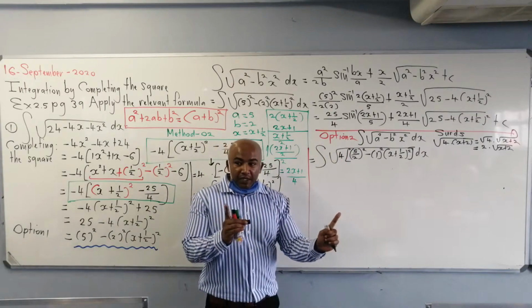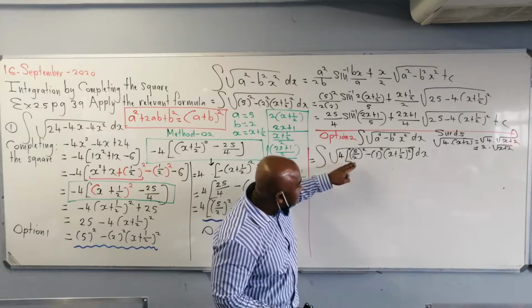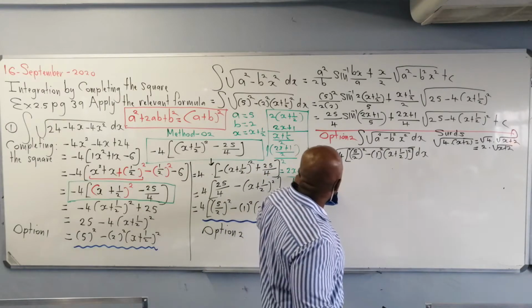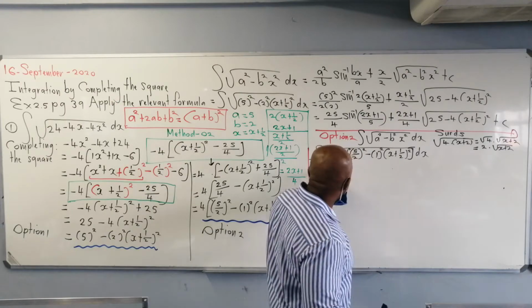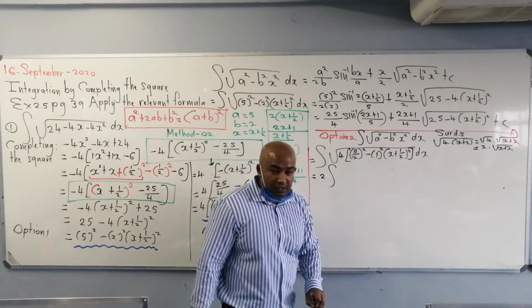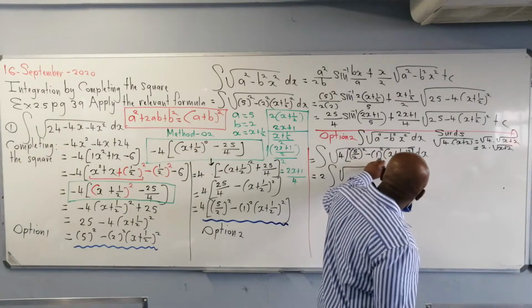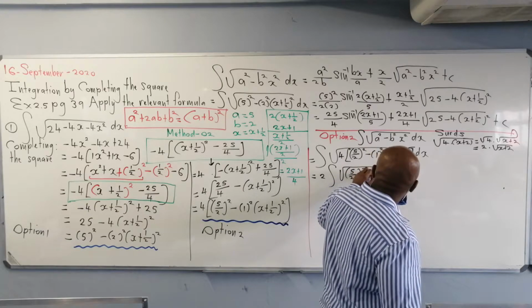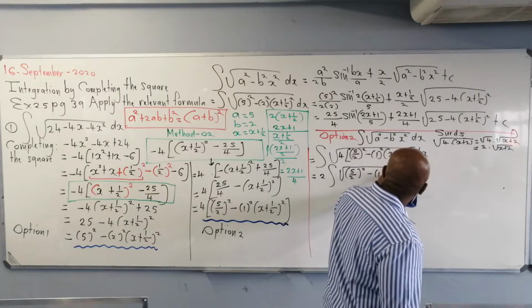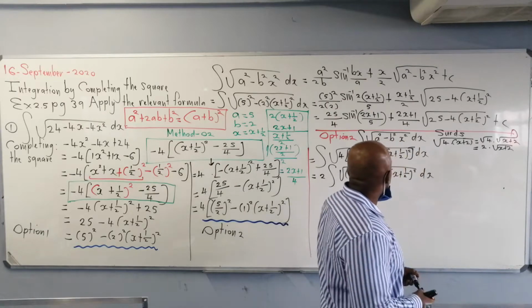So what is the multiplication that's happening here? It's 4, and there's times and the whole thing there. So I'm going to split it up into the square root of 4, which is 2, times the square root of 5 over 2 squared minus 1 squared times x plus half all squared dx.